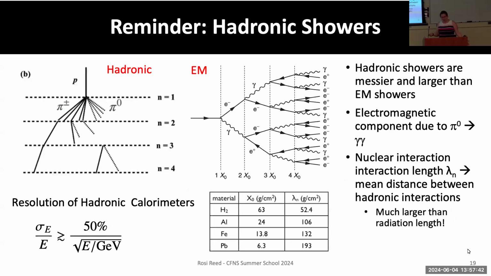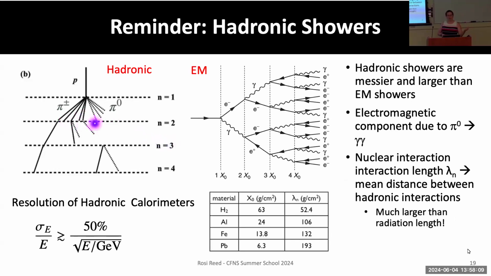We also talked about hadronic showers yesterday. A hadronic shower is essentially the same thing, but with QCD. You have a hadron, it goes through some high Z material, it interacts via the QCD force, and it gives a shower. The showers tend to be a lot bigger, as we mentioned yesterday, and this means you need a bigger detector to contain all the energy. There's also the issue of electromagnetic showers.